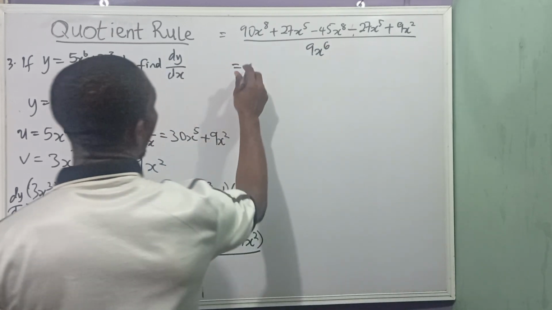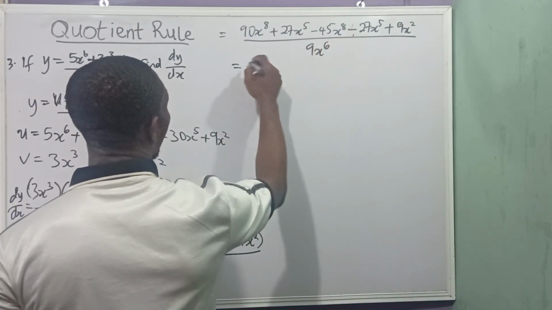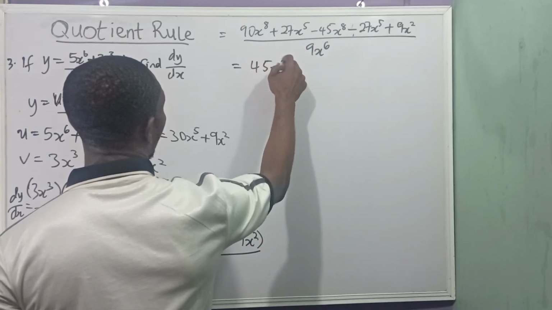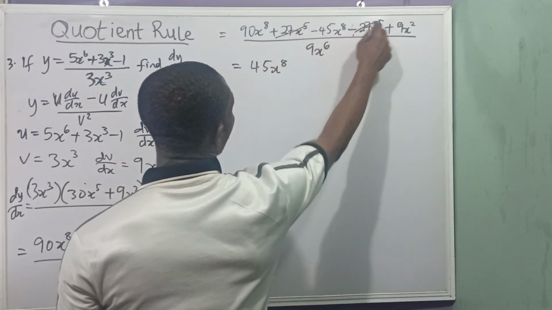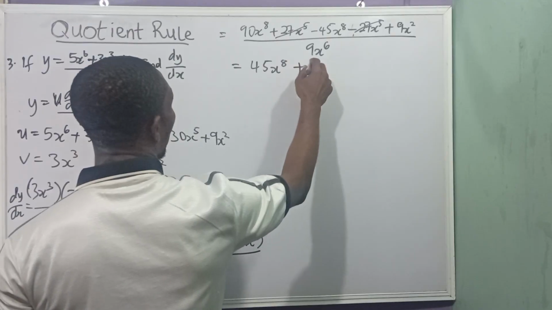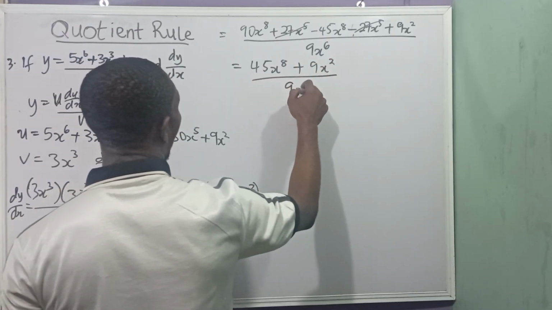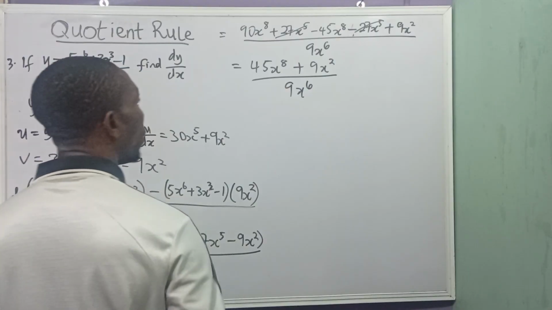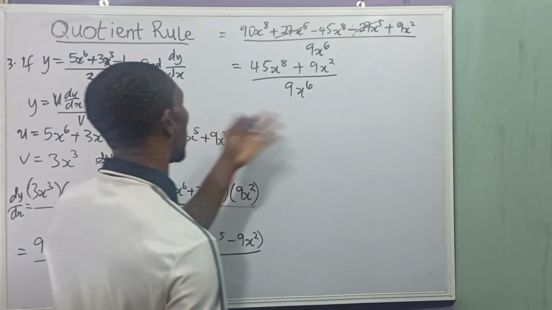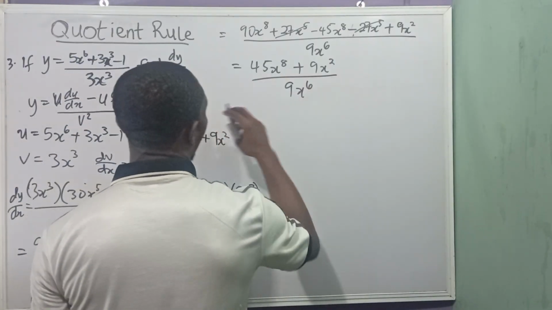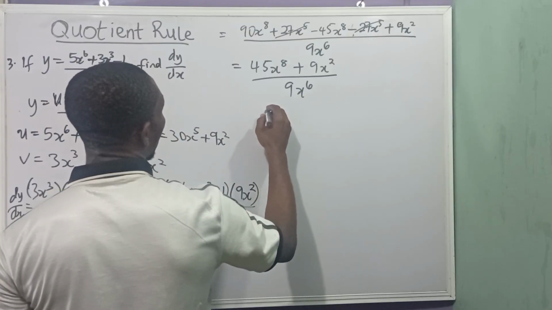Okay, so from here, 90 minus 45 gives us 45x raised to the power 8. 27 will cancel 27, leaving us with plus 9x raised to the power 2, all over 9x raised to the power 6.